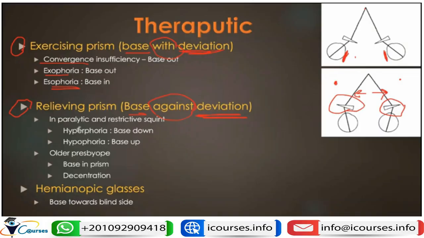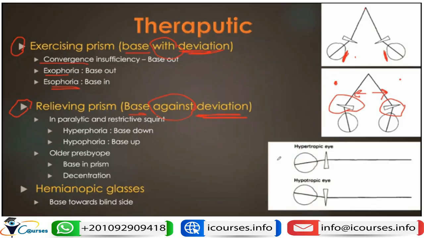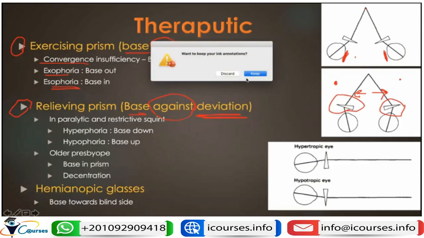Meaning that if the patient has a paralytic or restrictive squint, for example, hypertropia or hypotropia due to paralysis or restriction, then let's say this is hypertropia or hypotropia, not hyper and hypophoria. Let me just correct it.